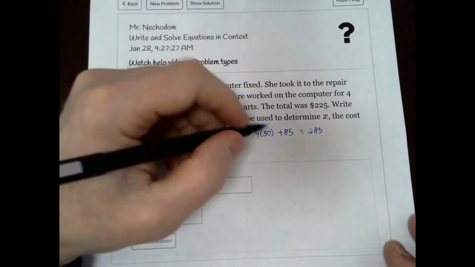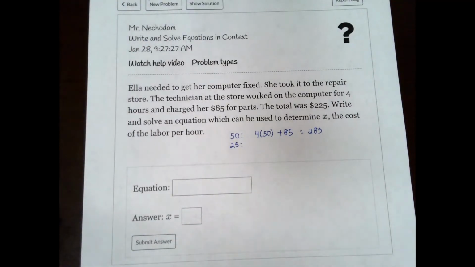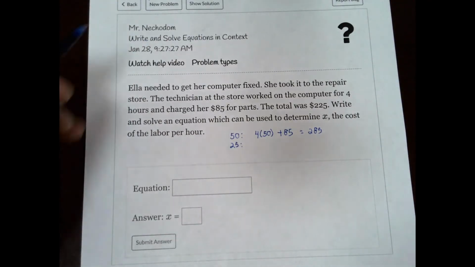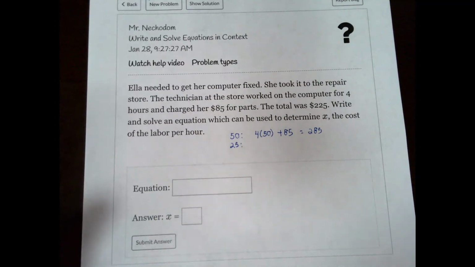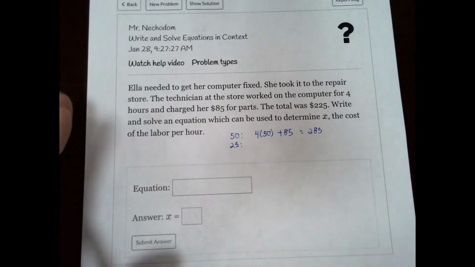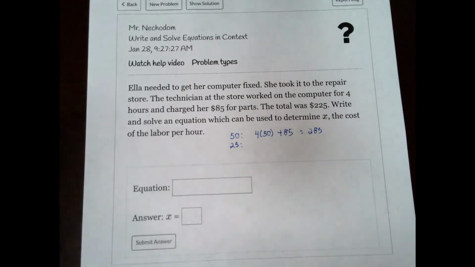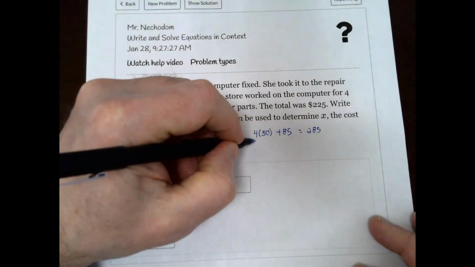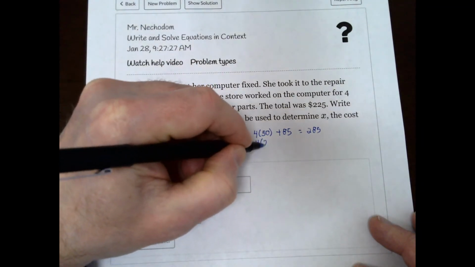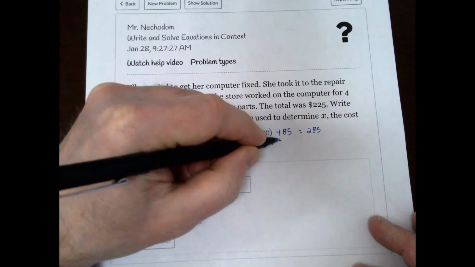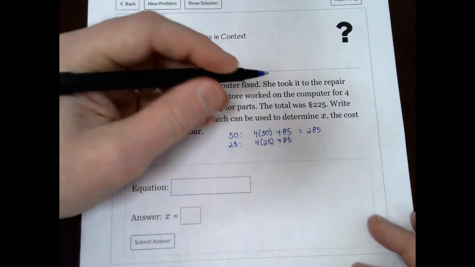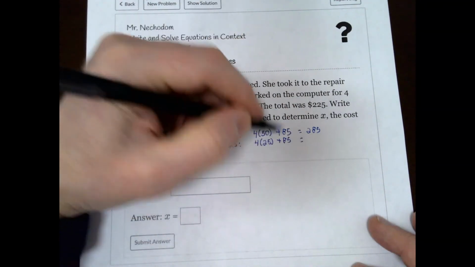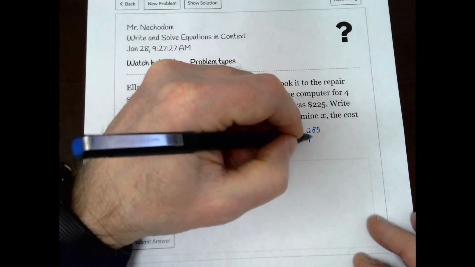Some of you might say you know it's not going to be 25, and in fact I wanted it to be wrong in the first place, because I don't care if the guess works or not. What we're looking for is a pattern. We would do 4 times 25 plus 85. 4 times 25 is 100, plus 85 is 185. We shot low this time.